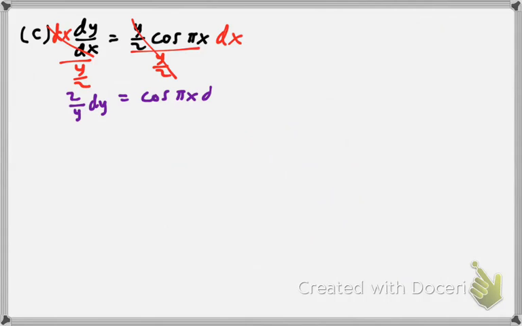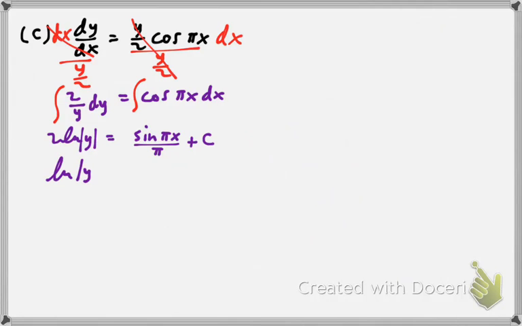And then integrating both sides, on the left-hand side, now we do get to use the ln here. We get 2 times ln of absolute value y is equal to the sine of pi x, divided by pi, and then plus c. Okay, so we're going to divide both sides by 2, so we should have really left that 2 on the right-hand side to begin with: ln of absolute value y equals sine of pi x over 2 pi plus c. And then now we have it in a position where we can do that flower power.